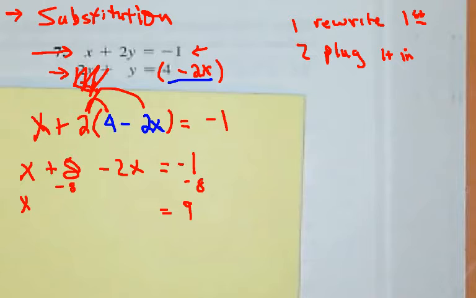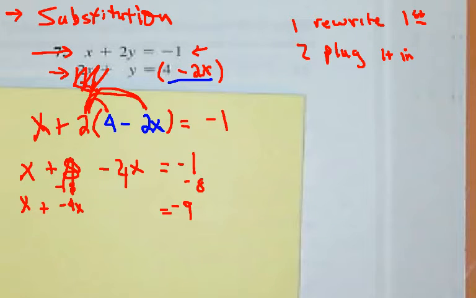Did you see me go 2 times 2 is 4? Okay, good. 2 times negative 2 is negative 4. So this is negative 9, because I subtracted this. This is gone, right? So now I have x plus negative 4x equals negative 9.